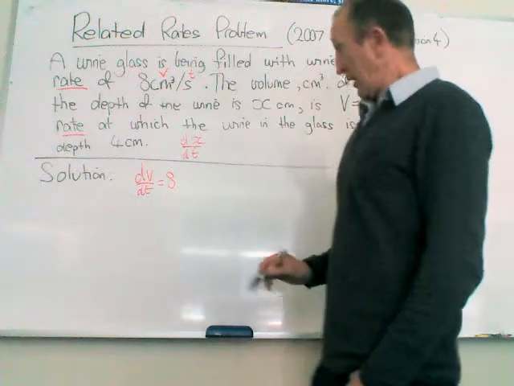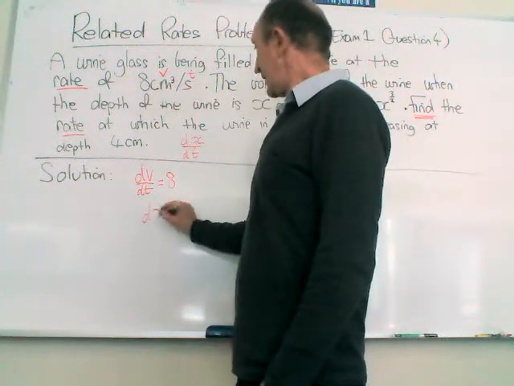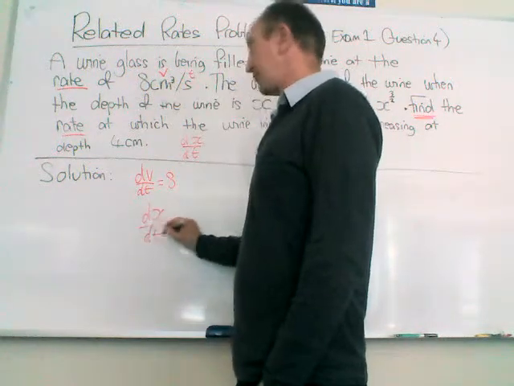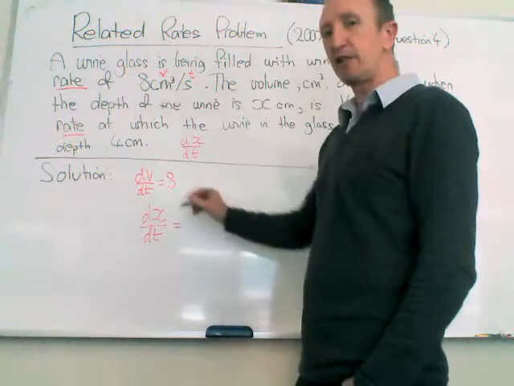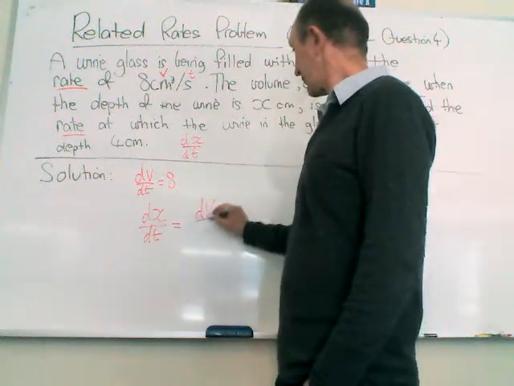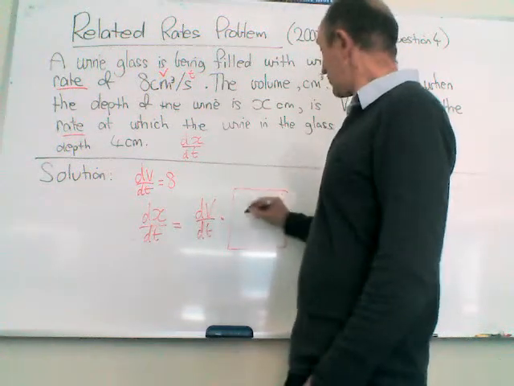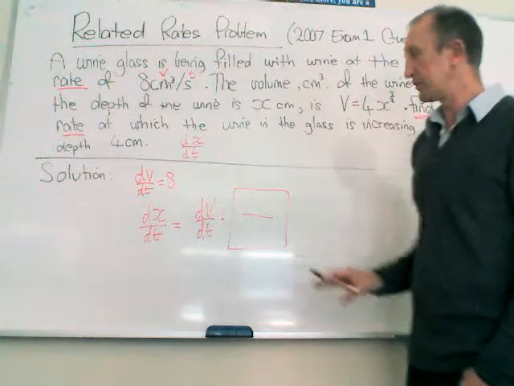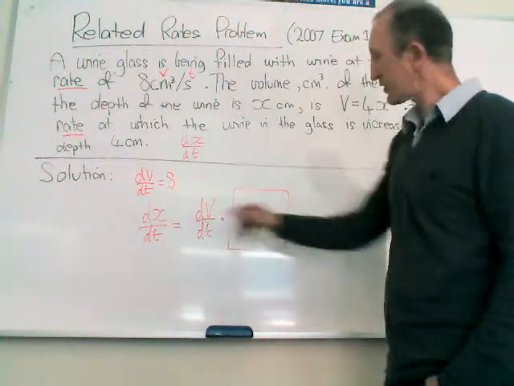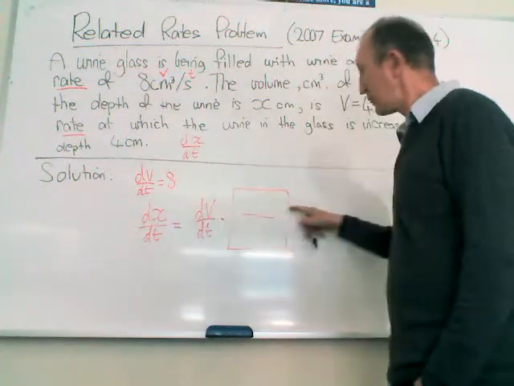Okay, so let's set this up. We're looking for dx/dt, and we've been given dV/dt. The dV/dt is 8. So what we need to do is find out what rate is missing to make these equations equal. Notice how we haven't got a dx on top.